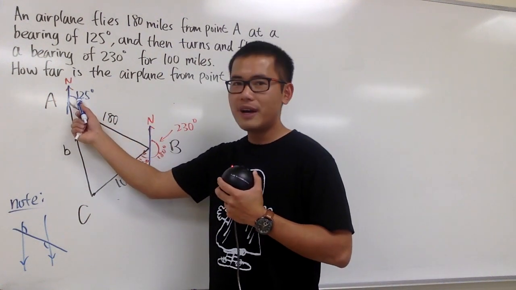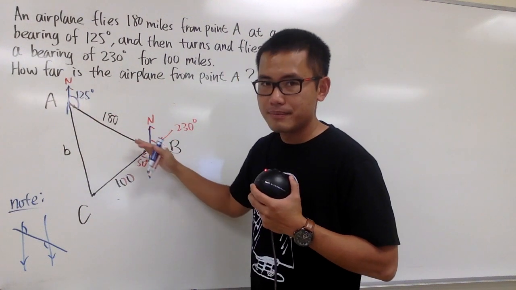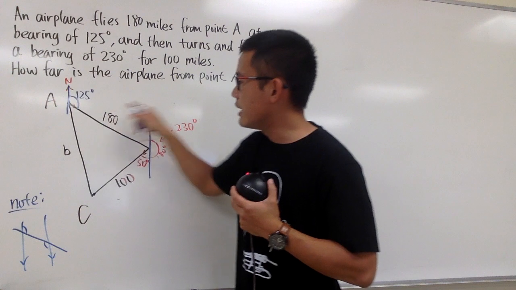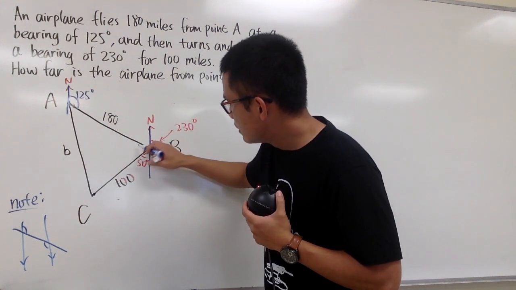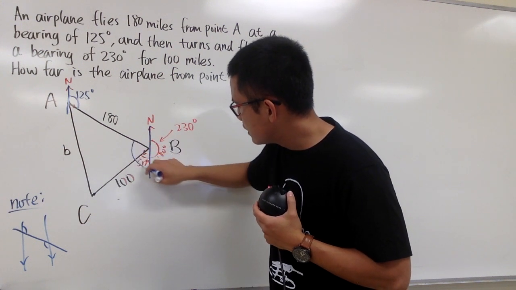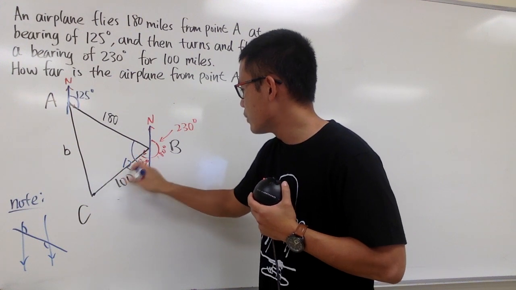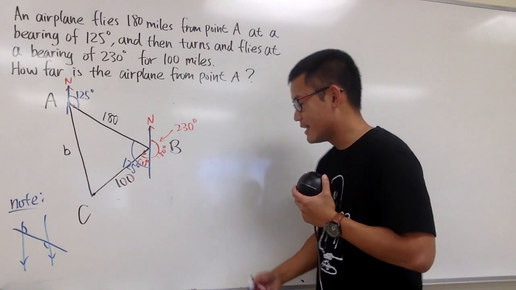If you have 125 here, well, this side in black with the 180, it's the line that cuts through this and that, right? So I can tell you that this much from this side to the blue will be 125 as well. Let me just label this 125 degrees.